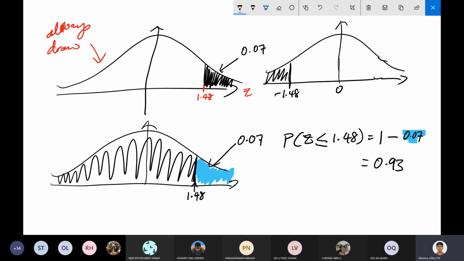It gives me the opposite because, remember, this is symmetrical. So the table gives me this instead and tells me that at 1.48, this is 0.07. Therefore, this portion here is also 0.07.